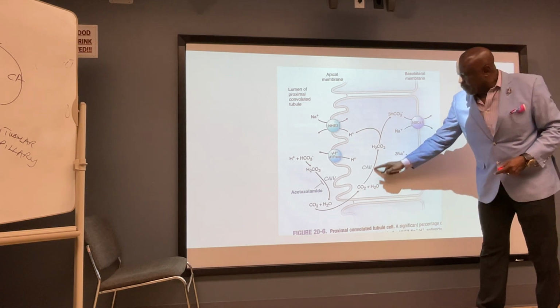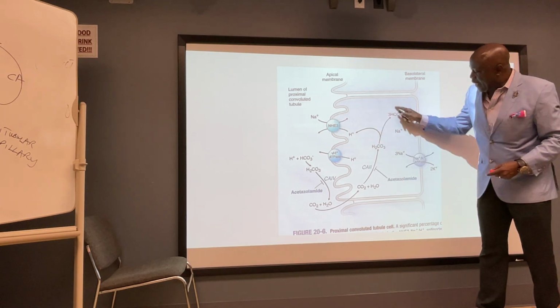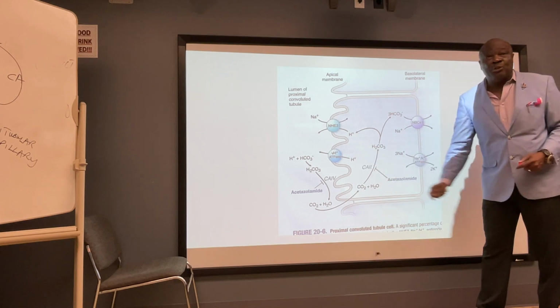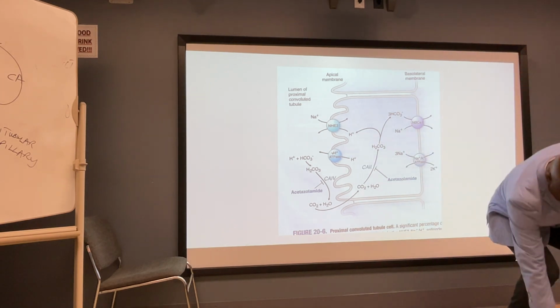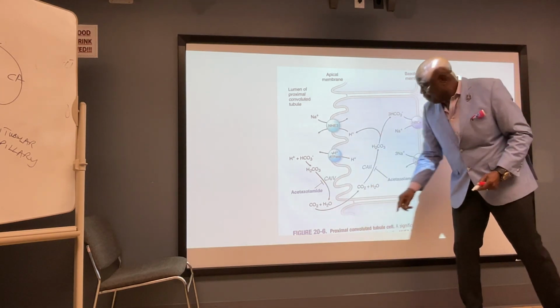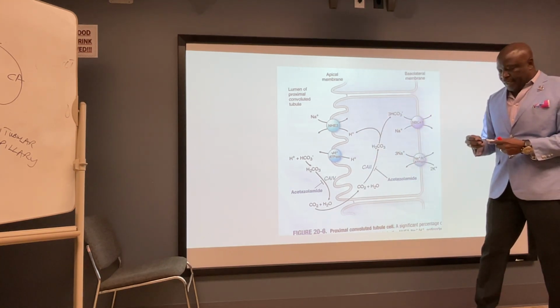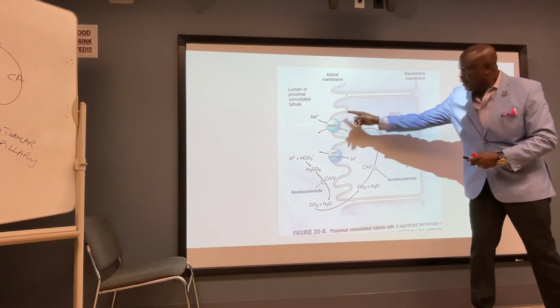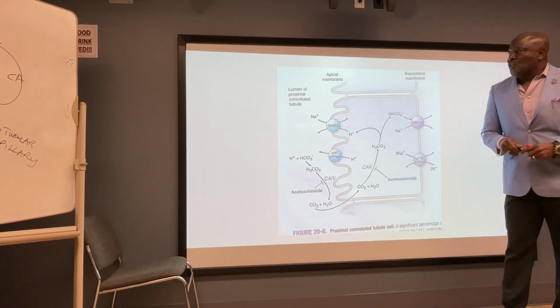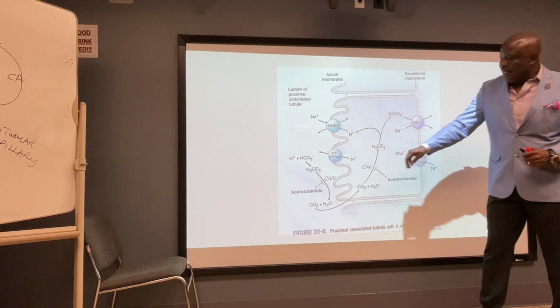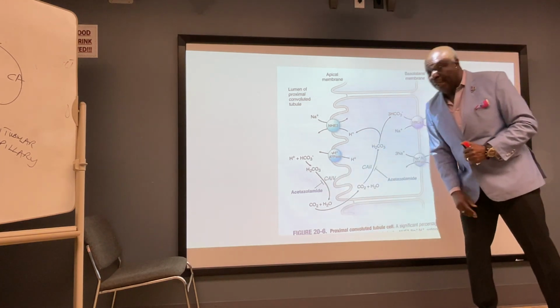Now, what makes this possible inside the cell is carbonic anhydrase type 2. So type 4 is in the lumen, type 2 is inside the cell. And the effect of it is to do exactly what we're talking about. So there are certain agents that can block these enzymes.